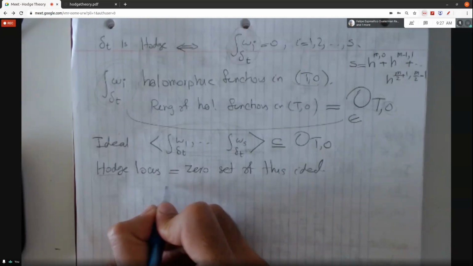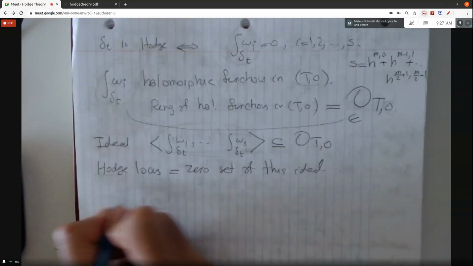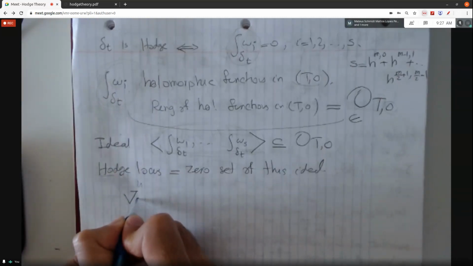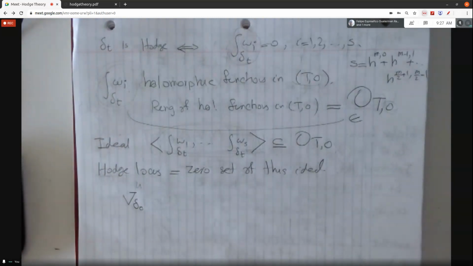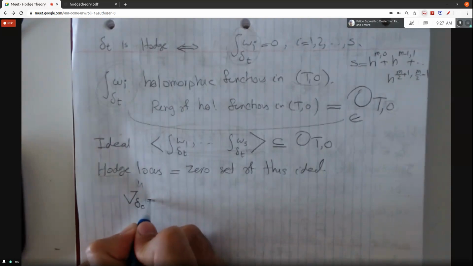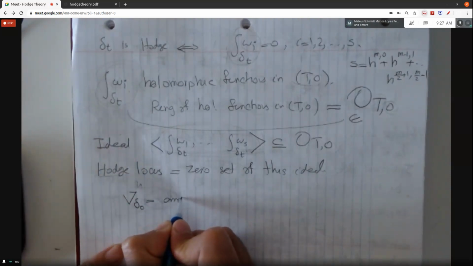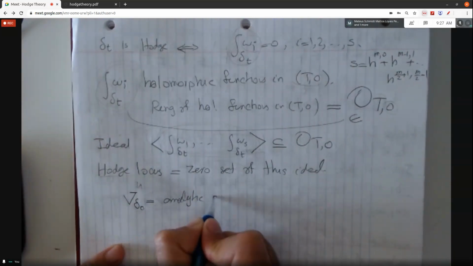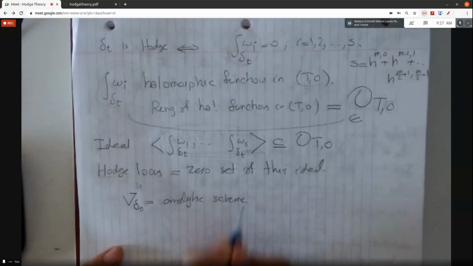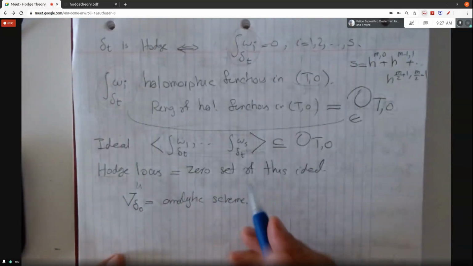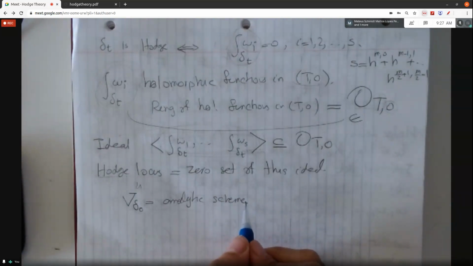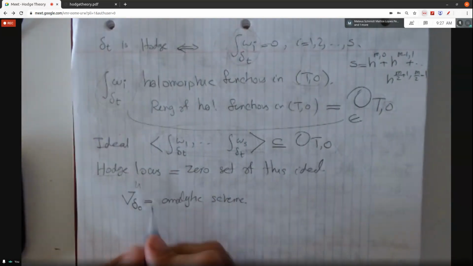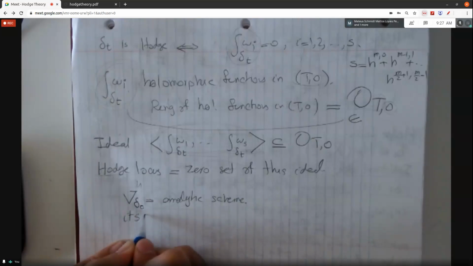So let's call it V_delta, or let's say V_delta,0. This is an analytic scheme. In order to define it as a scheme, it must have a ring of functions.